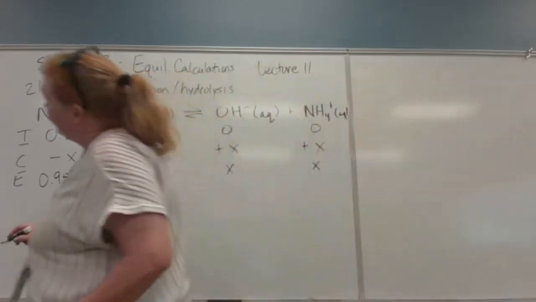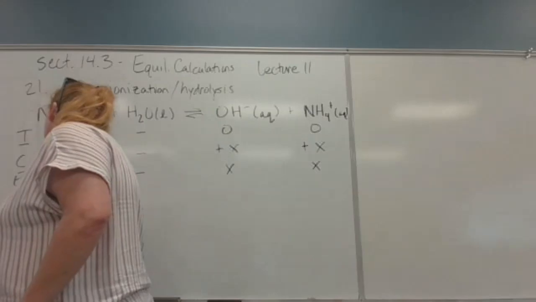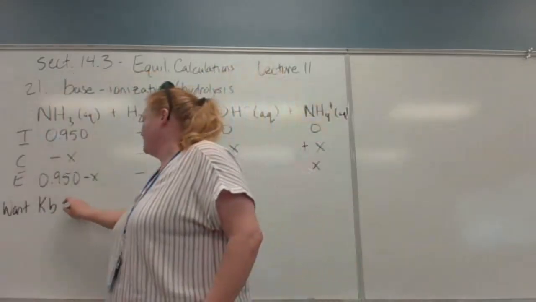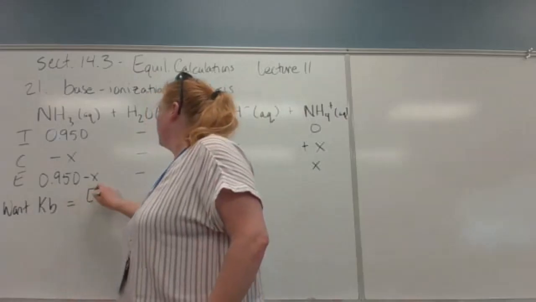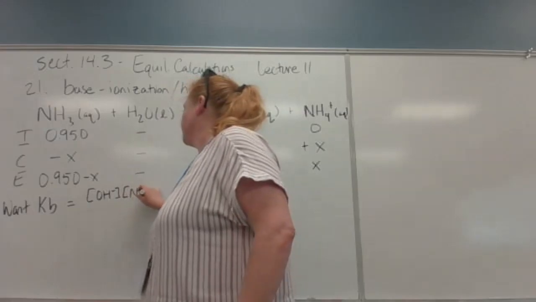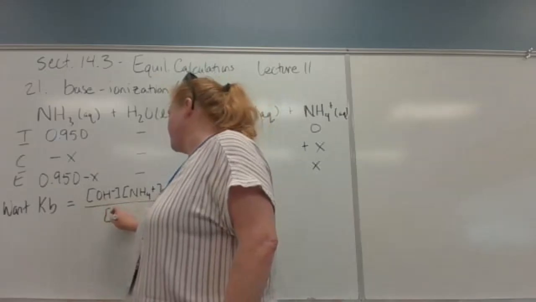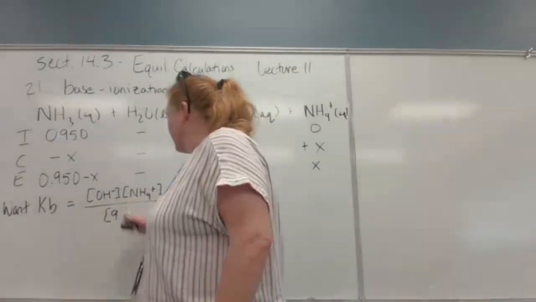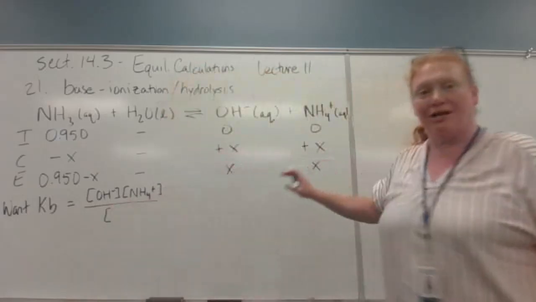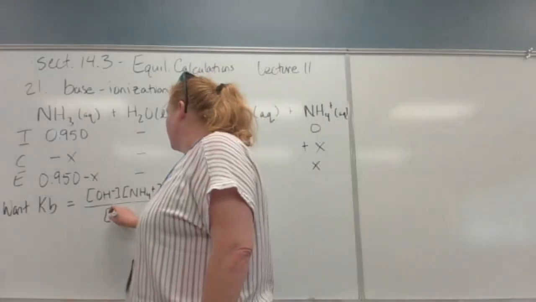In order to calculate KB, I need to know these concentrations at equilibrium, don't I? I cannot calculate KB if I don't know these concentrations. How can I figure out what x is in this particular problem?